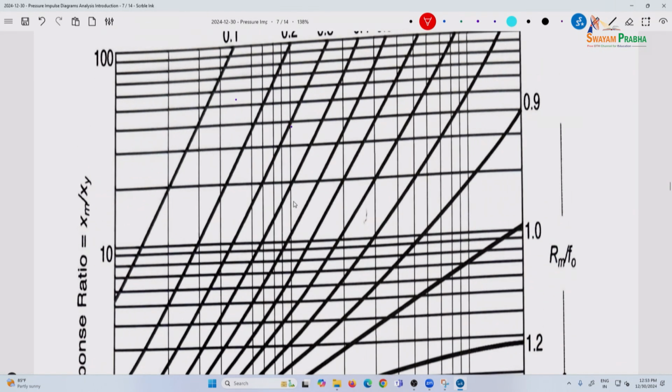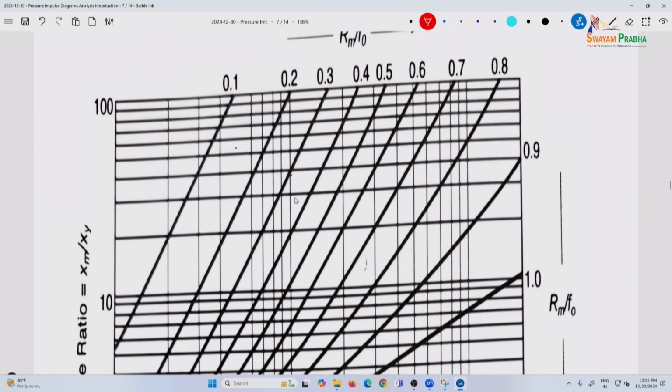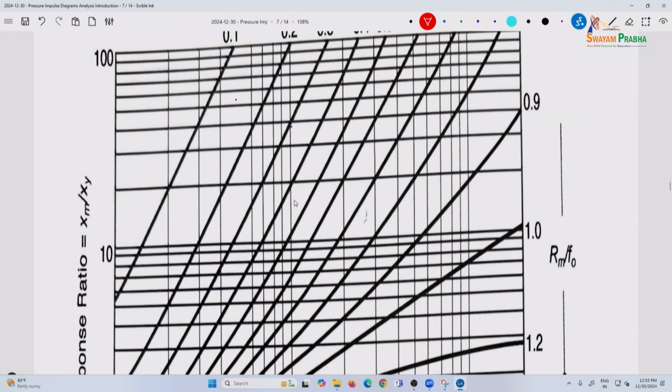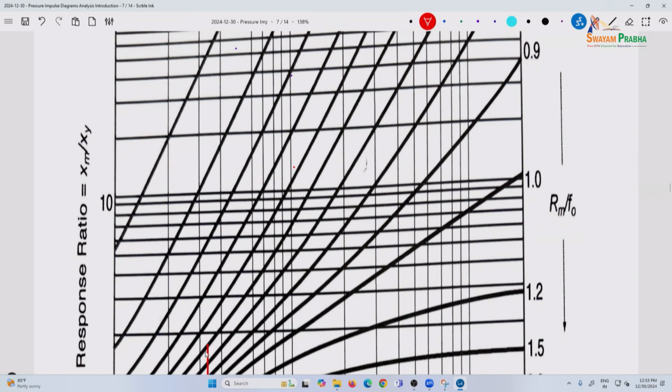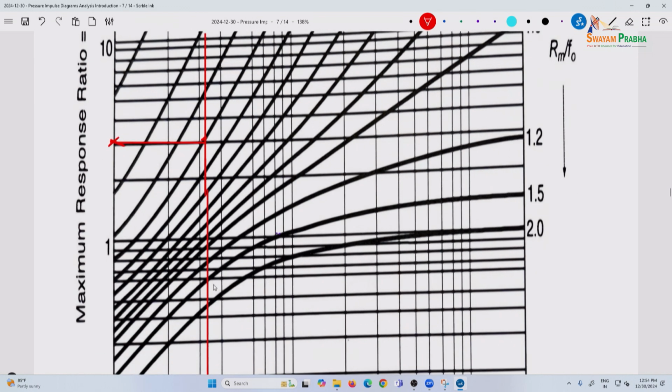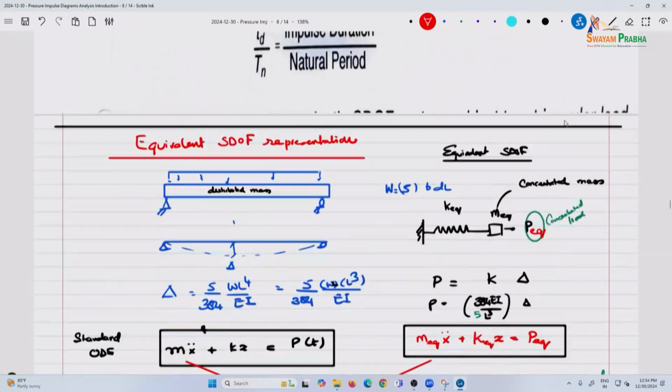So this curve here, we are getting the value as 1, 2, maybe 3.